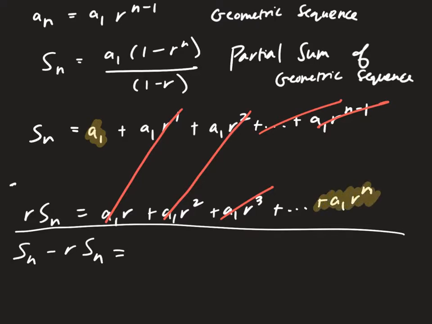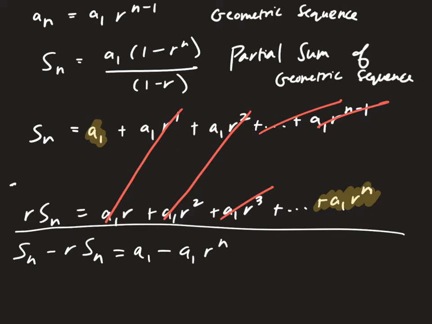I know that these two terms are left because I don't have an a sub 1 times r to the nth power in my first equation, and I don't have an a sub 1 in my bottom equation. So all I'm left with is a sub 1 minus a sub 1 r to the n power, right? This becomes a minus because I'm subtracting these two equations.